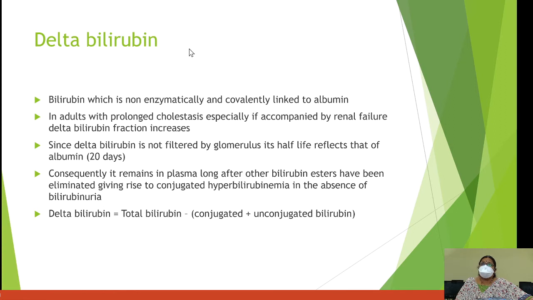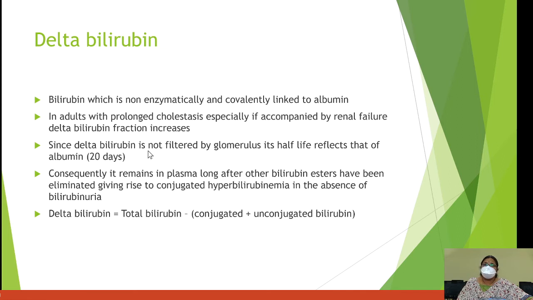So a few words about delta bilirubin. The delta bilirubin is the bilirubin which is non-enzymatically and covalently linked to albumin. So in jaundice, when the bilirubin level is elevated, a small amount of bilirubin gets non-enzymatically and covalently linked to albumin. In adults with prolonged cholestasis, especially if accompanied by renal failure, the delta bilirubin fraction increases.